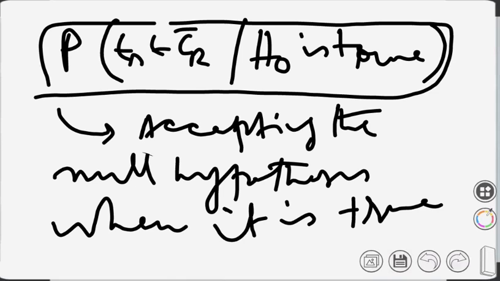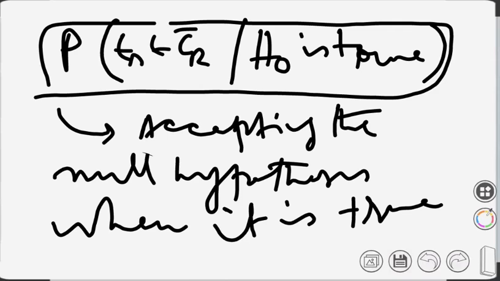Accepting the null hypothesis when it is true. So something which is very good. If you accept a good thing, that is really good. Like the discipline you maintain by attending the class. The 10:30 class, you attend the class. That's a very good thing that you are doing. Okay. So that's the first part.